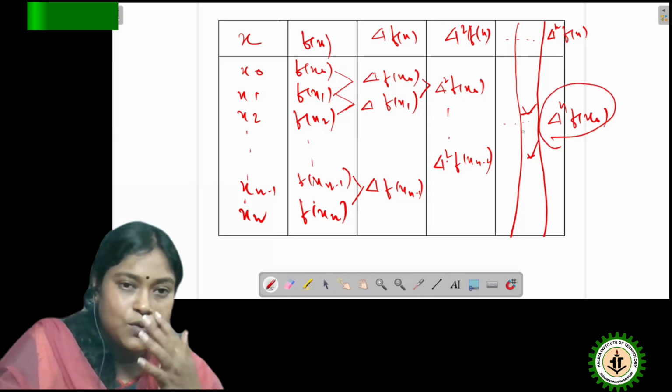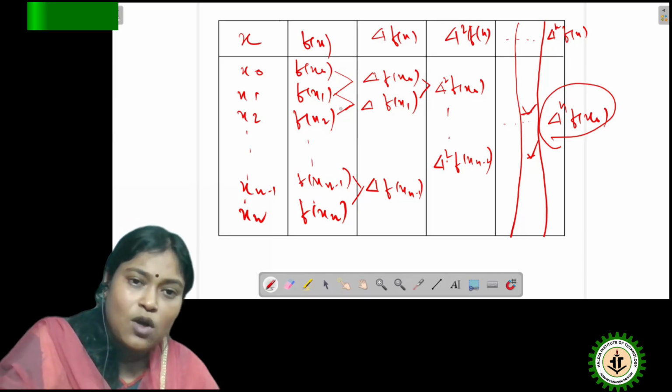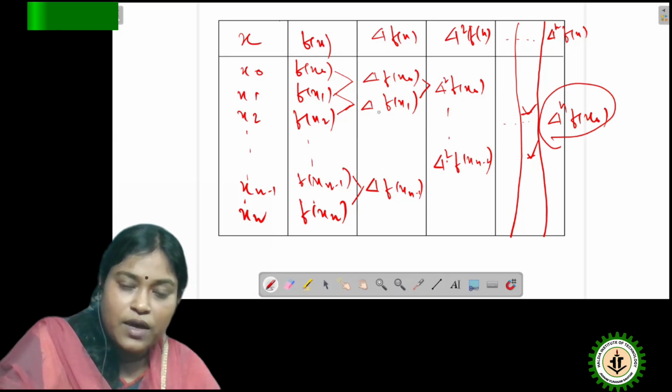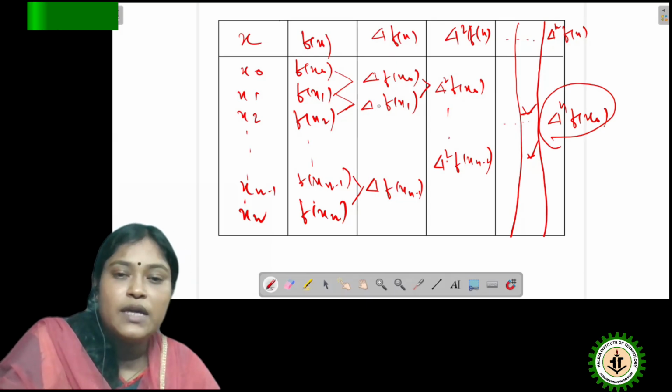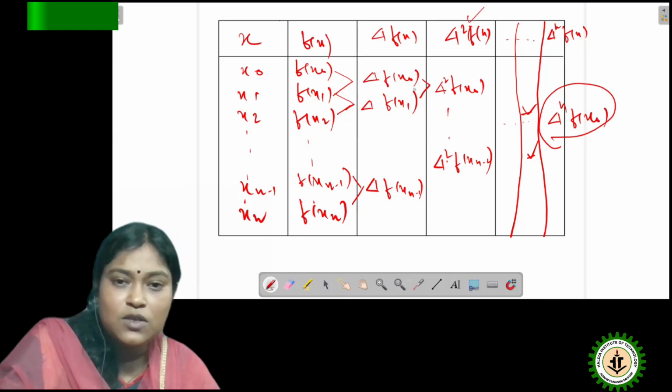So every time, suppose I want to find the values of this column, I have to go to the previous column. Second minus first gives this value, third minus second, fourth minus third. If I proceed, I will get all the values. Similarly, for the next column also, go to the previous column: second minus first, third minus second.